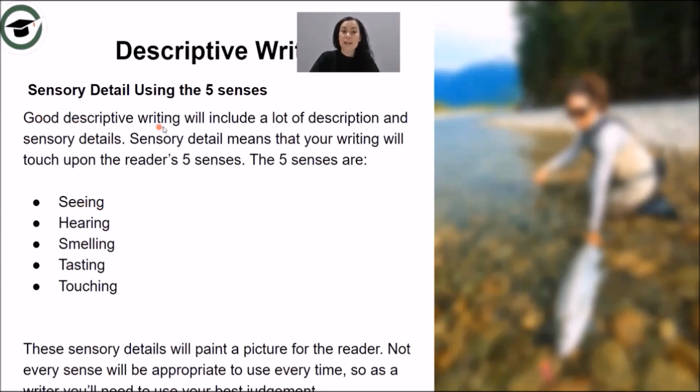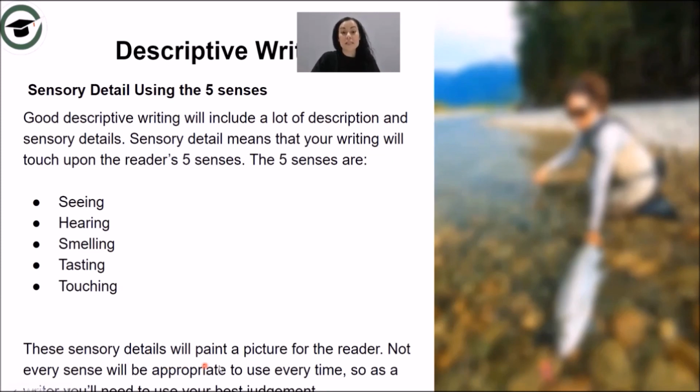Good descriptive writing will include a lot of description and sensory details. Sensory detail means that your writing will touch upon the reader's 5 senses. The 5 senses are, and follow along with me, you can read out loud if you want, seeing, hearing, smelling, tasting, and touching.